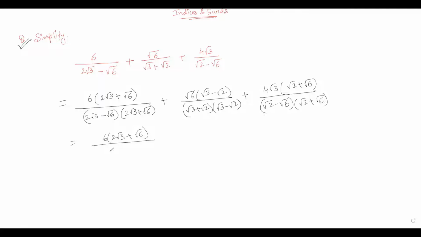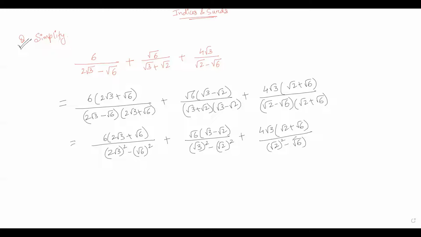So this would be (2√3)^2 minus (√6)^2. And this would be √6 times (√3 - √2) upon (√3)^2 minus (√2)^2. And this would be 4√3 times (√2 + √6) upon (√2)^2 minus (√6)^2.